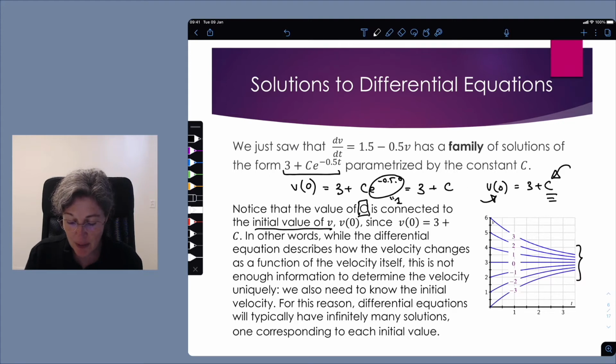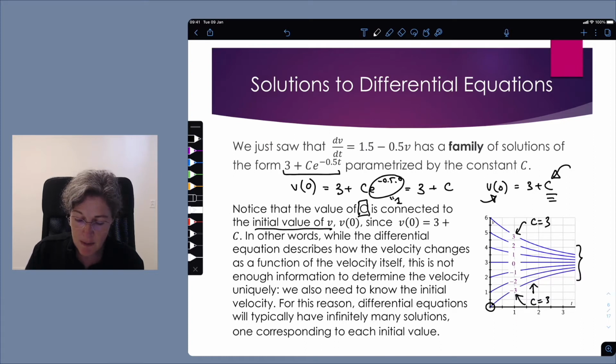And depending on the values of c, you get quite different looking graphs. So here's a value of c equal to 3. But if you plug in minus 3, you get something like this. If you think about what this is saying, if you start with an initial value of 0, then you end up getting an increasing function like this.